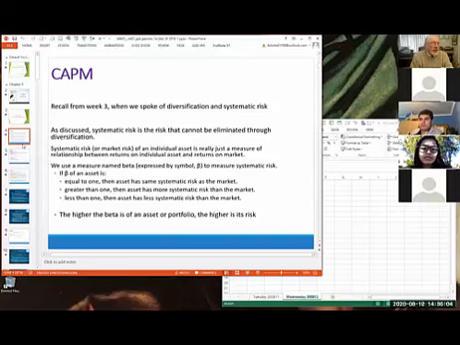So if we divided the market by 3 to get it to 1, then we're going to divide the particular share we're looking at by 3 also, and that gives us a beta of 1.333 in this particular case. Okay, that's pretty simple mathematics. That's the way the beta works.